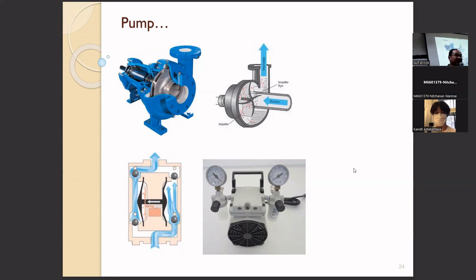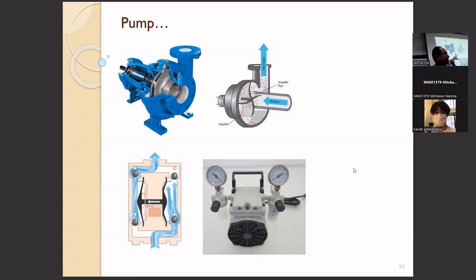Why do we commonly use the peristaltic pump in the chemical industry compared to the centrifugal pump? Like in your lab, I think you use the peristaltic pump compared to the dynamic pump or centrifugal pump.